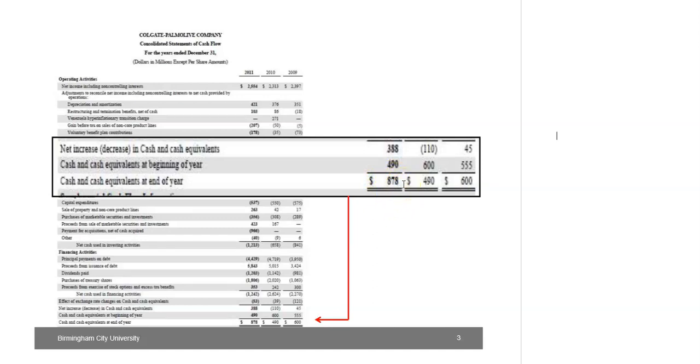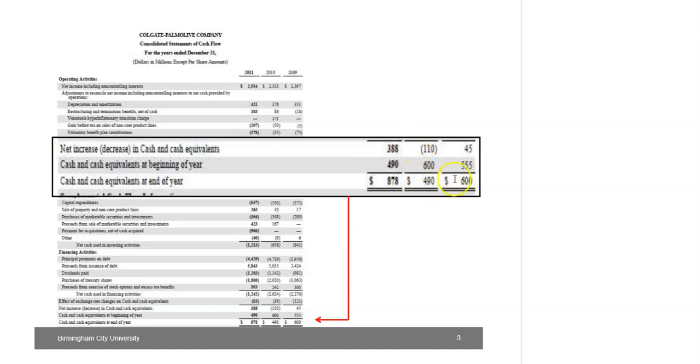So the cash flow statement accounts for why there is an increase of net cash, that is 388 here in the case of Colgate-Palmolive. These changes are grouped into three categories which we will learn about later, that is operating activities, financing activities, and investing activities.